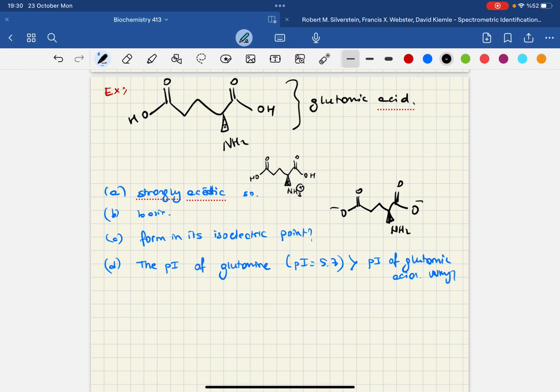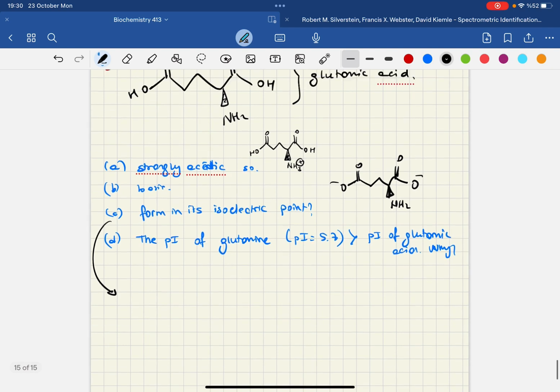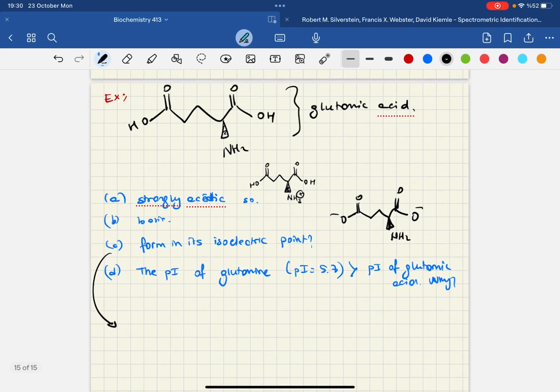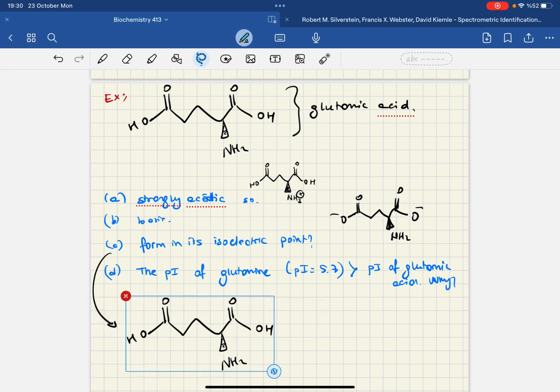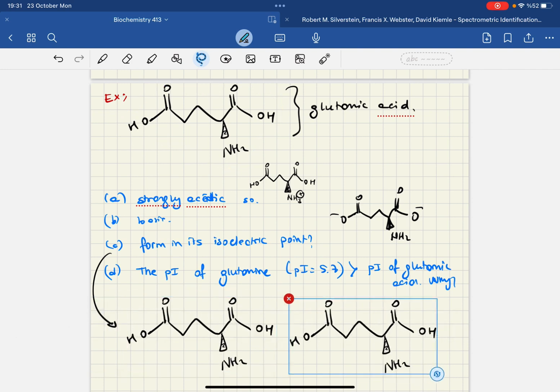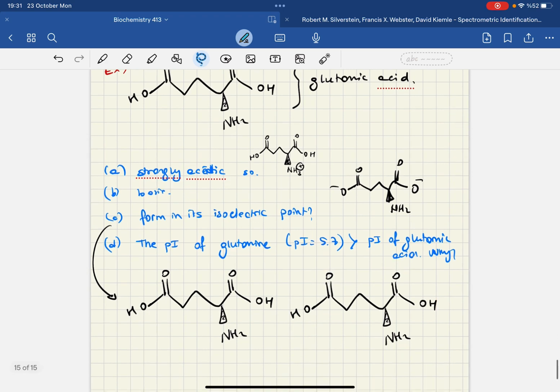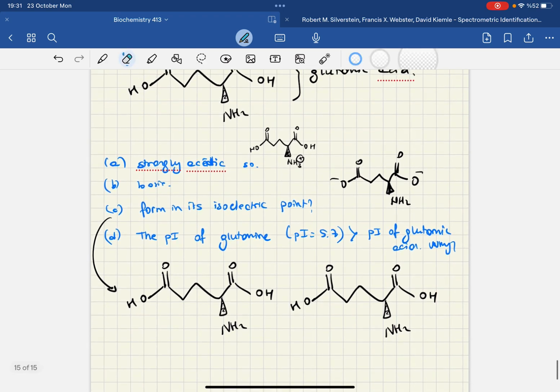All right, and then at C, it asks its form at the isoelectric point. At the isoelectric point, two different structures might survive, and those are two Zwitter ions, and one of them might be the one that survives.